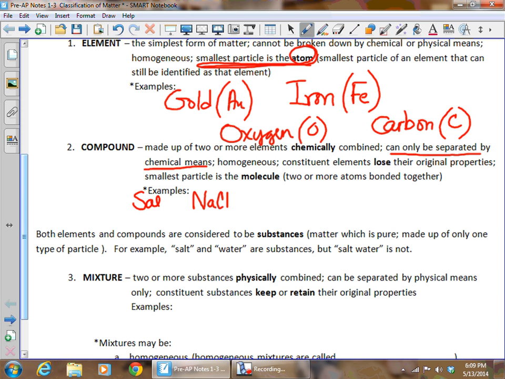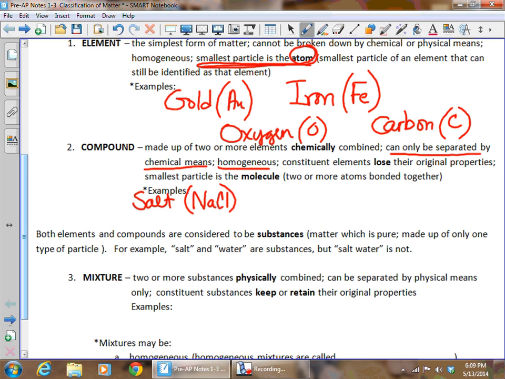That salt cannot be further broken down except by chemical means. I can't use a pair of tweezers and pull the sodium away from the chlorine. It's homogeneous, just like elements are. Elements are homogeneous as well. They're both, again, pure forms of matter.